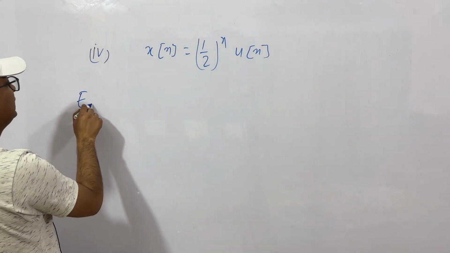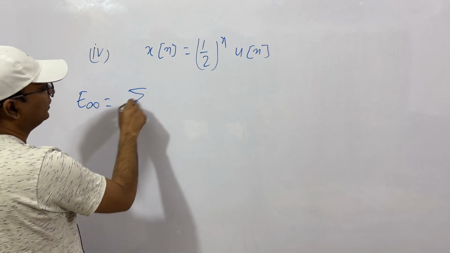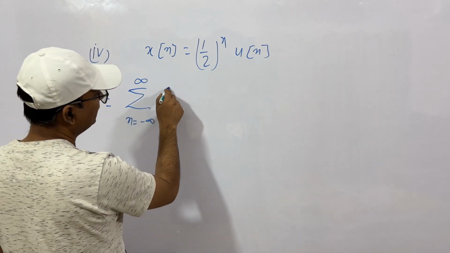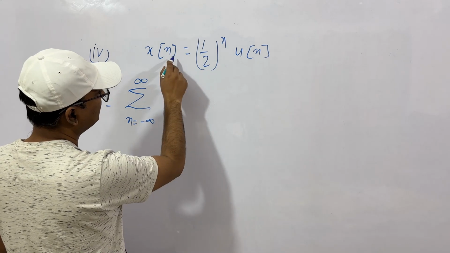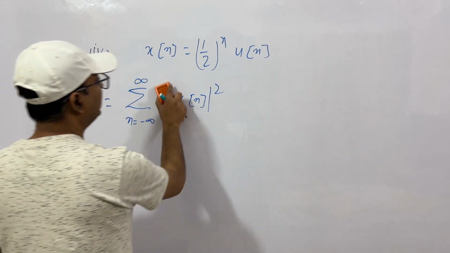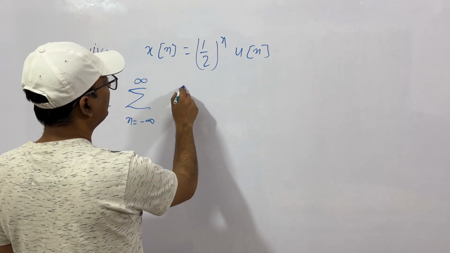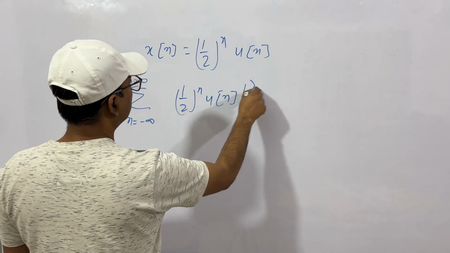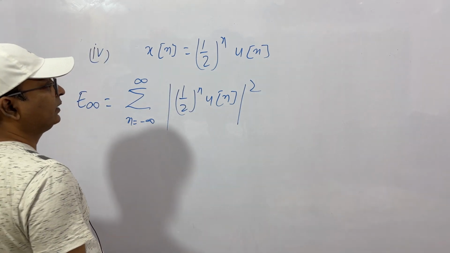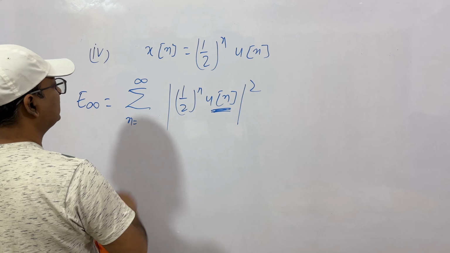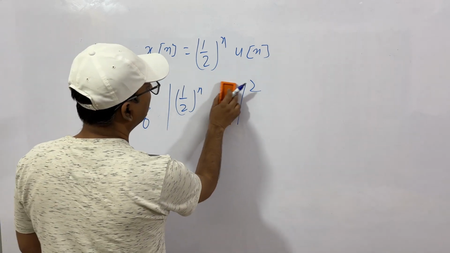So let's see E infinity. What is it? You saw it was the sum from n equal to minus infinity to infinity of mod of x[n] squared. So we have x[n] as this function, (1 by 2) to the power n times u[n], and this is squared. Clear? Now if we want to take this, what we'll have to do is just go from 0 to infinity, so you can drop the unit step.